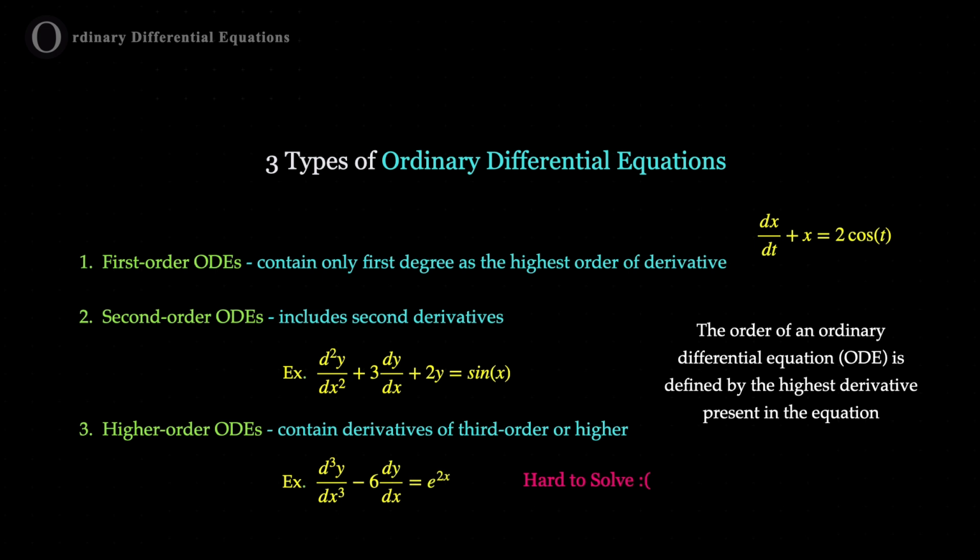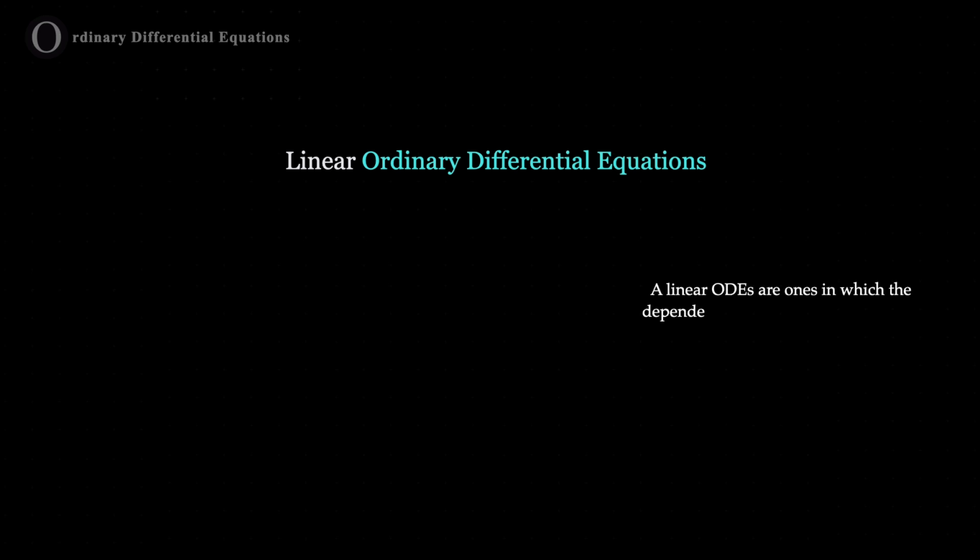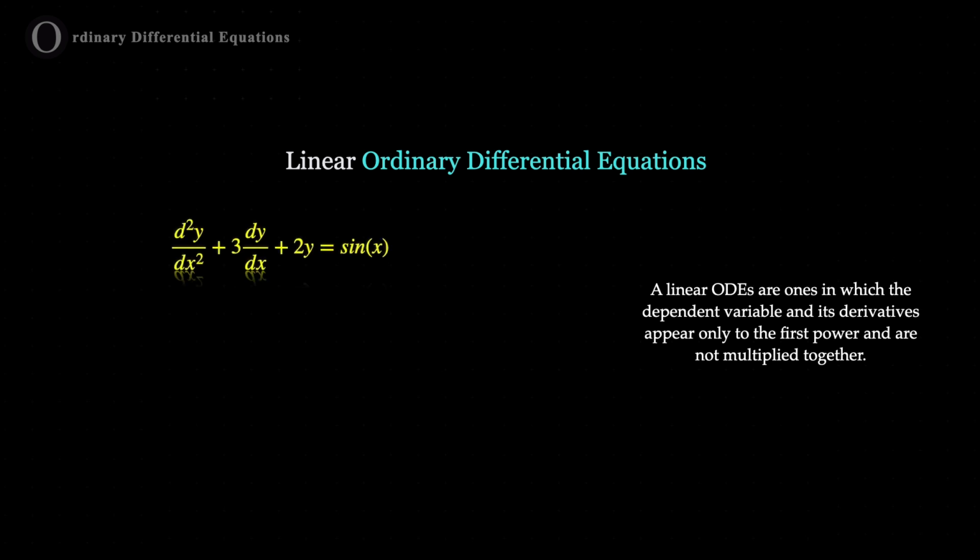As mentioned earlier, ODEs can also be classified as linear or nonlinear. Let's first define what linear ODEs mean. A linear ODE is one where the dependent variable and its derivatives appear only to the first power and are not multiplied together. Here is an example of a linear ordinary differential equation.